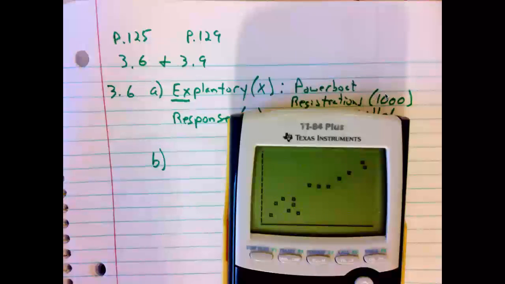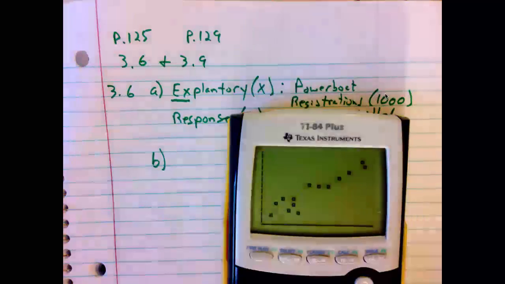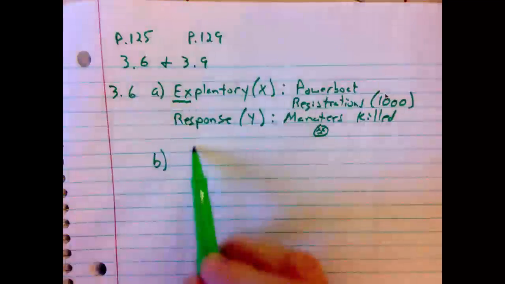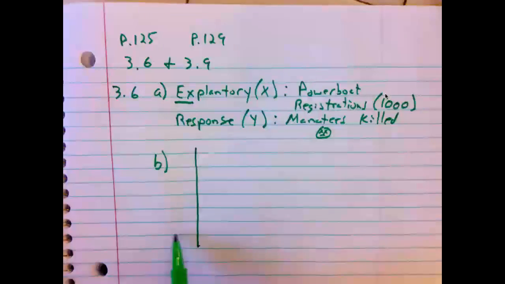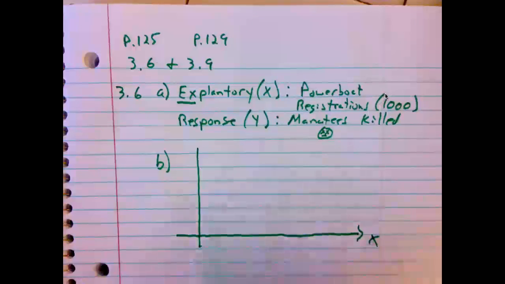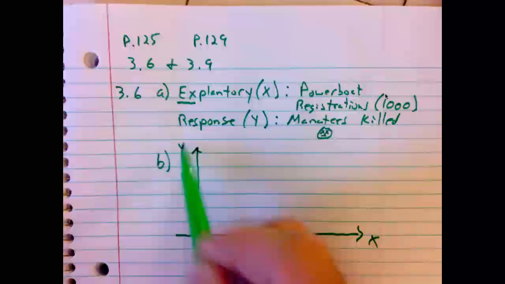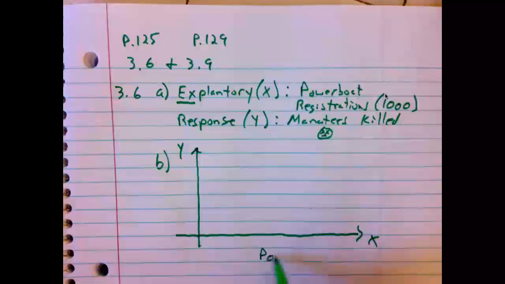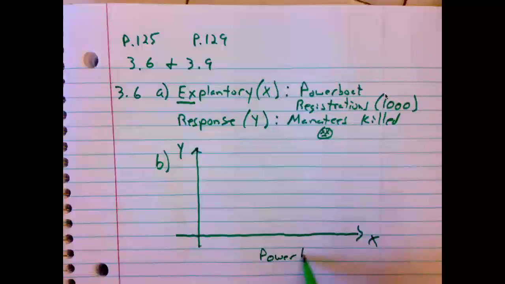So at this time, we're going to roughly sketch this relationship. X-axis, Y-axis. The X-axis, power boats registered.